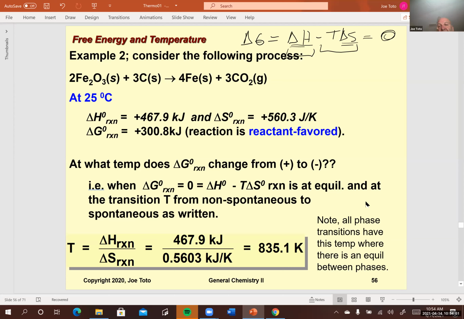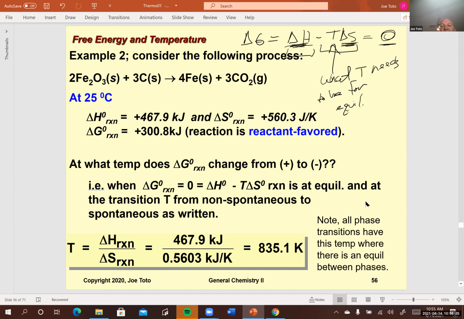Well, can't we put in a 0 and calculate a delta S for a reaction using the tabulated values, calculate delta H for a reaction, put that in here, and then find out what temperature, what T needs to be for equilibrium?